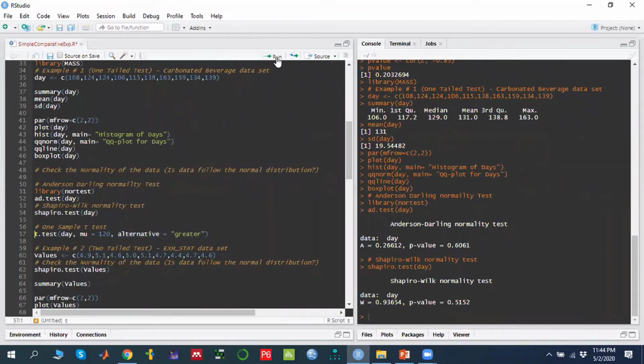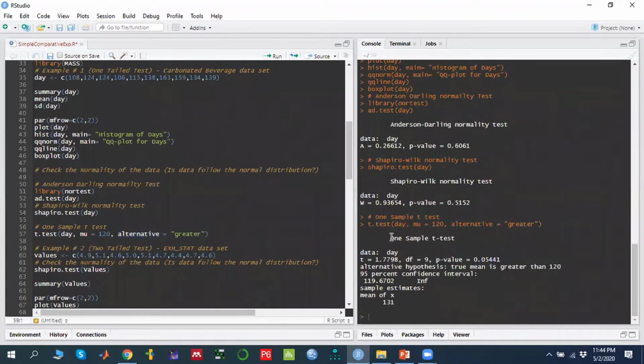If I run this command, I get the one sample t-test results, and the t-test statistic is this one. But for the conclusion, this is the p-value. That p-value is 0.0544, which is greater than or equal to your pre-decided alpha value of 0.05.